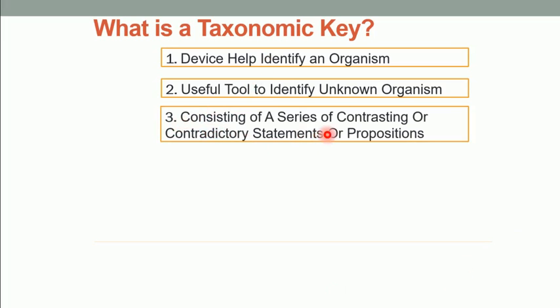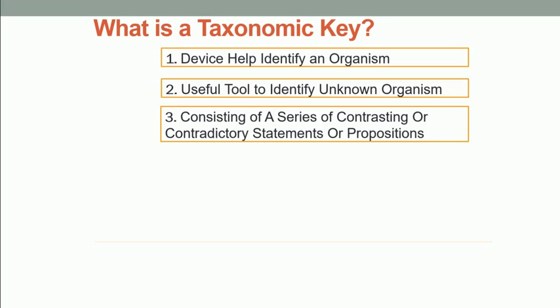He will be presented with a series of contradictory statements or propositions. These are known as choices, and based on this he will select the appropriate choice. While using a key, at each step the user must answer a question about one or more features of that particular organism, and at each step he has only two alternatives.